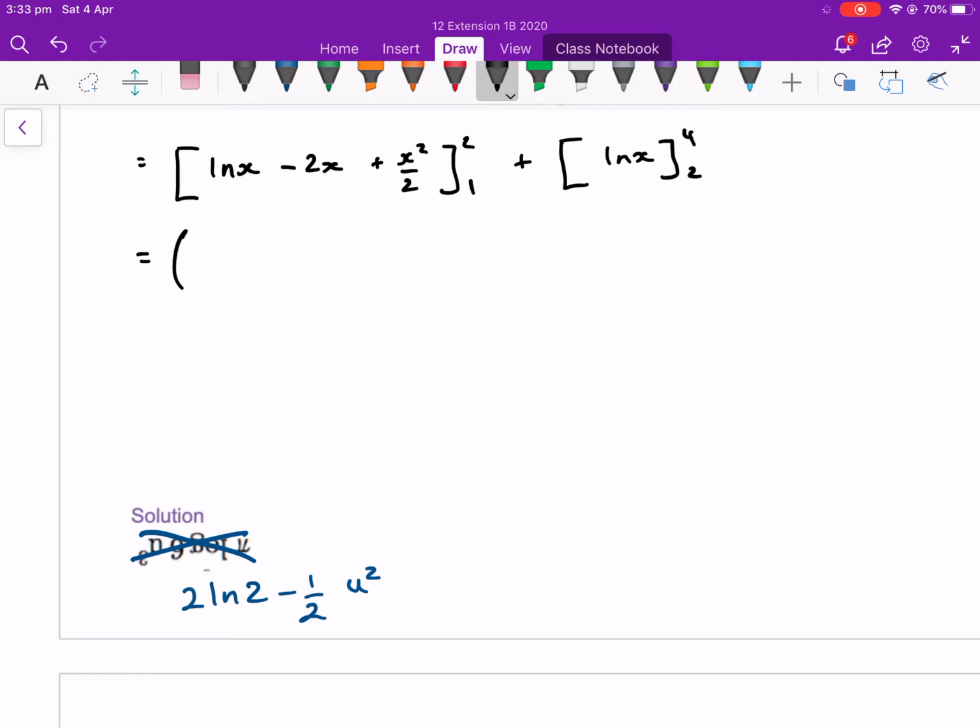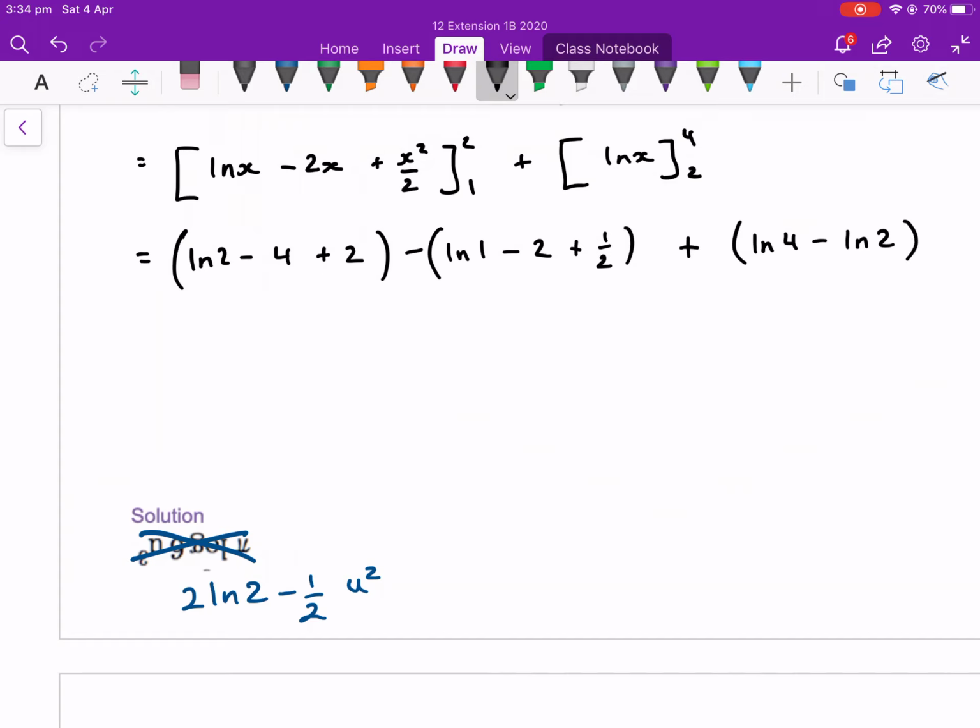So we end up with ln2 minus 2 times 2 is 4, so minus 4. 2 squared is 4 on 2 is 2. Minus ln1, minus 2 lots of 1 is 2. 1 squared is 1 and 2, so a half. And then we substitute in for this expression here. So we end up here with ln4 minus ln2.